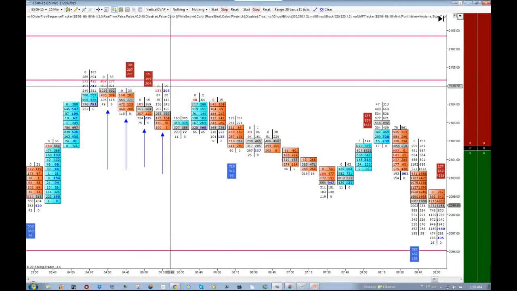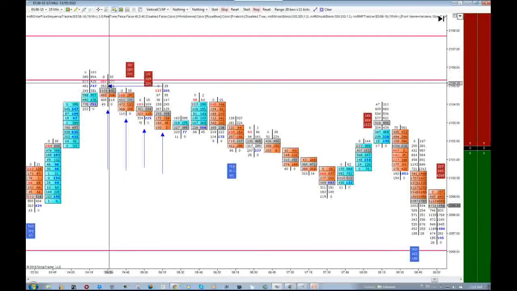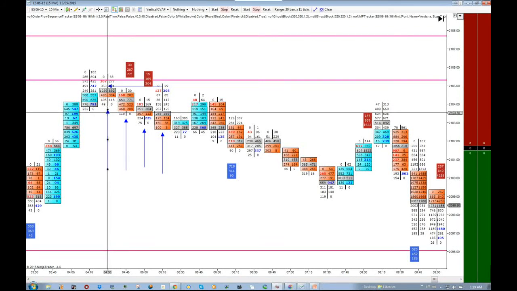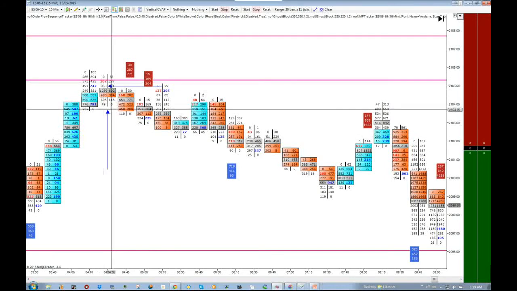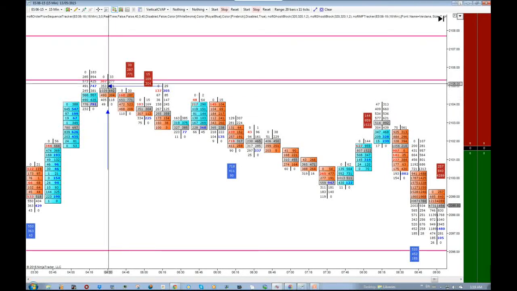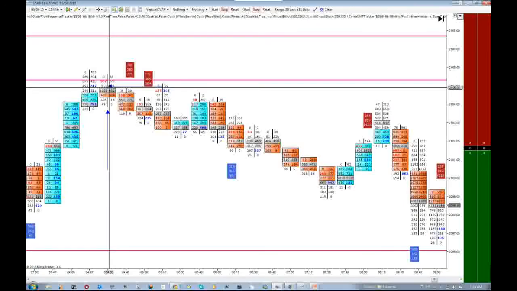So we come back up, exactly to 2105. If you look left from this 515 bar all the way back to the 430 bar, that's the first bar where the sell imbalance showed up. In other words, the first place where contracts were sold aggressively showed up at 2105 quarter.